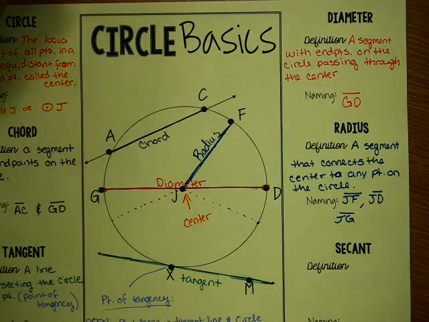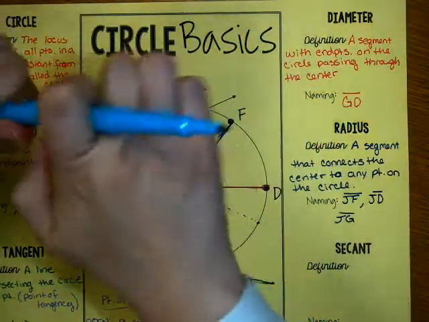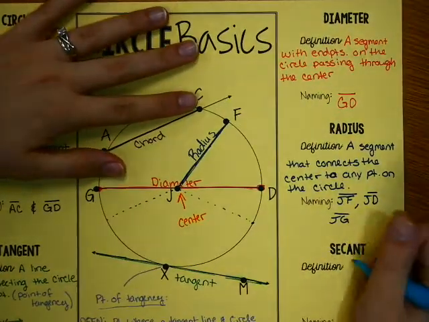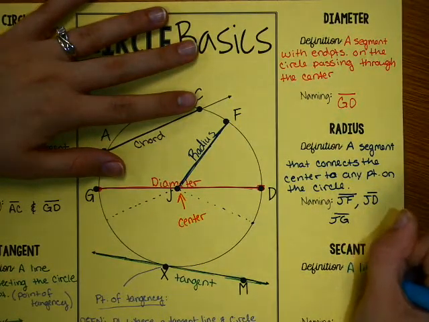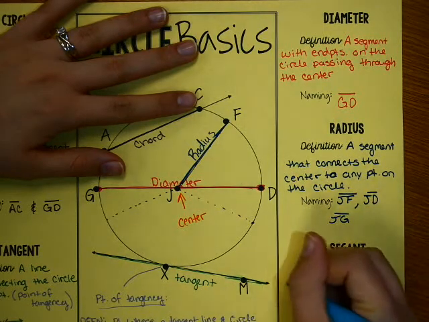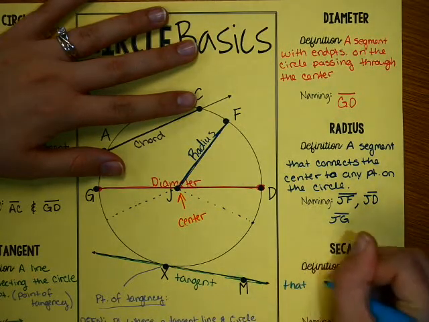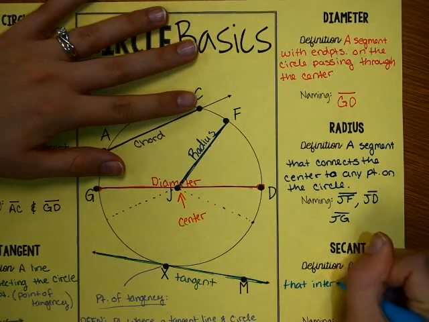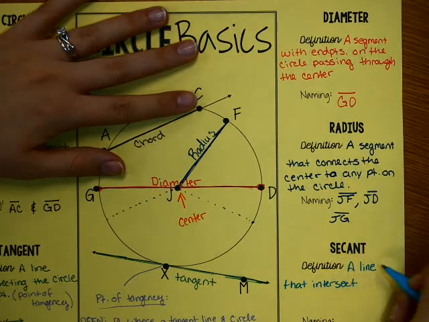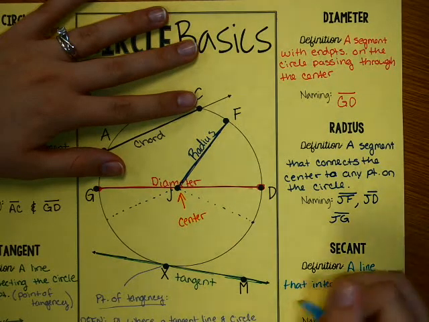The last definition is a secant line. So the definition is a line that intersects a circle at 2 points.